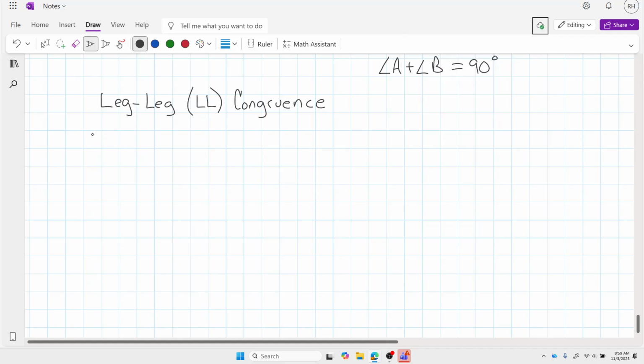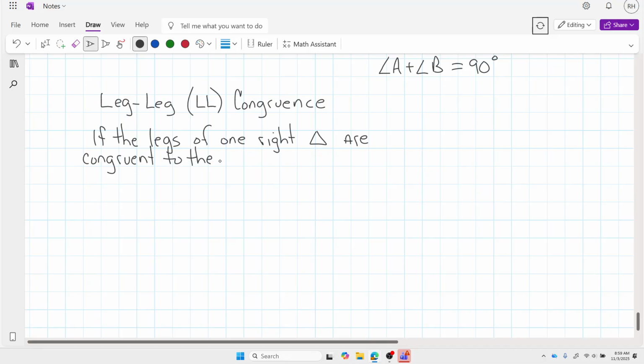If the legs of one right triangle are congruent to the corresponding legs of another right triangle, then the triangles are congruent.